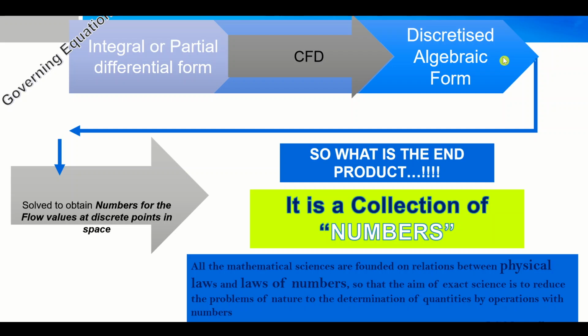So the governing equations, the integral form or the partial differential equations, are taken in any form with respect to the flow we are solving, and then CFD performs some operations on that, and in simple terms it converts these equations into discretized algebraic equations.